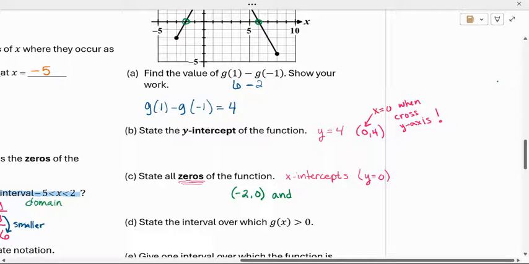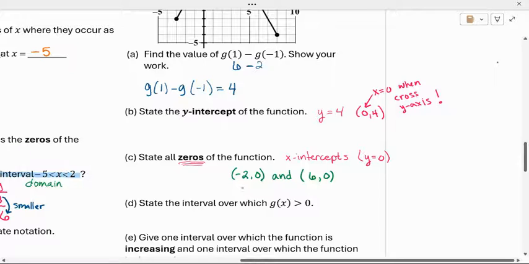And what's the other one? +6, comma 0. Good job. 6 comma 0 and -2 comma 0. We could also just say, much like that y-intercept, that it crosses when x equals -2 and when x equals 6.